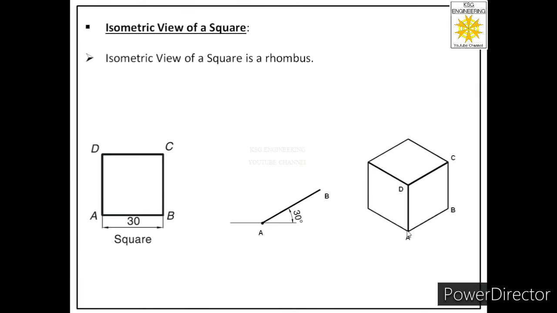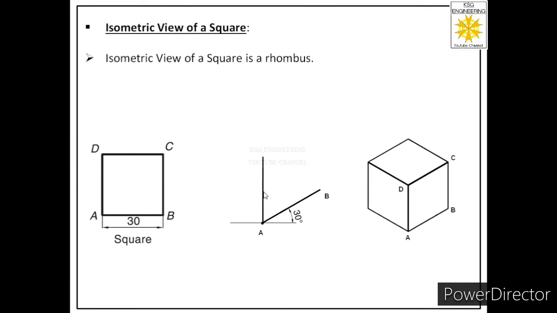After that we will sketch these two vertical lines. It means from this point and from that point we will sketch two vertical lines and the length of those lines will be equal to 30 millimeters only because it is a square of 30.